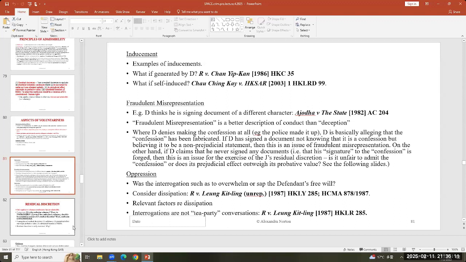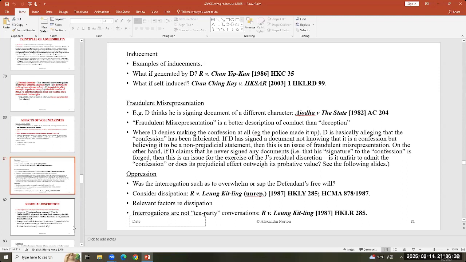And so there was nothing to indicate that the police had accepted this offer that was generated by the defendant. So that did not amount to an inducement that rendered the confession inadmissible. So the conclusion is an inducement can be originated by the defendant. It can start with the defendant's offer.